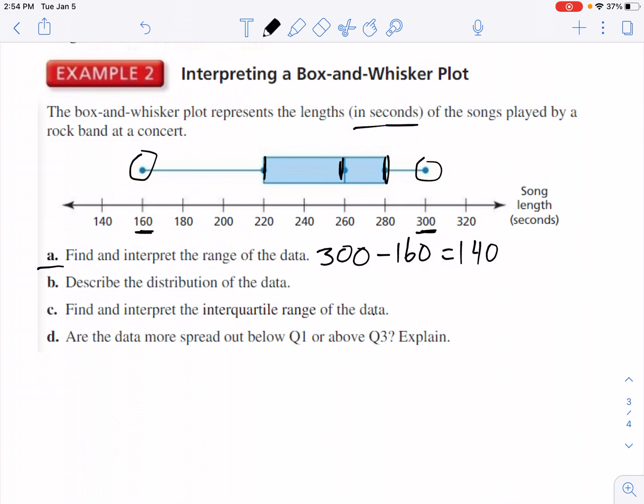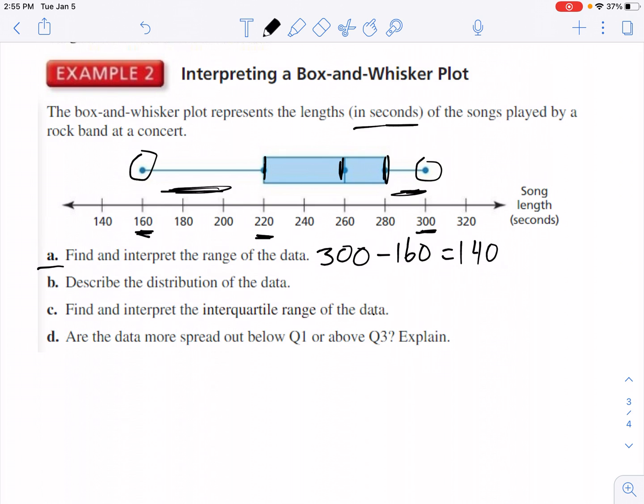Okay, now in terms of the distribution here, how things are weighed out. Well, remember, 25% of the data is located in this whisker. Another 25% of the data is located in this whisker. Okay, so 25% on the lower end of things doesn't vary much more than by 160 to 220.